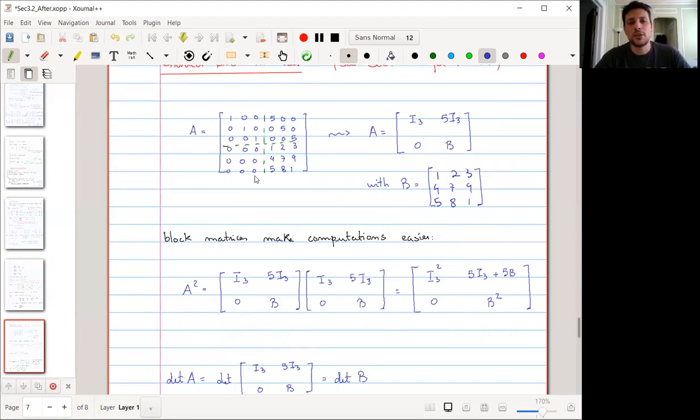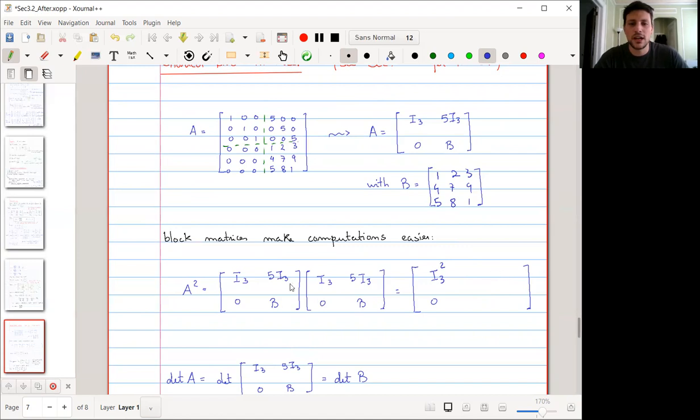Block matrices sometimes make computations easier. If I were to square this matrix A, I can write it down as a block matrix, and I can multiply the matrices in the block using matrix product. So for this entry here, I would have I times I plus 5I times 0. So that's I squared.